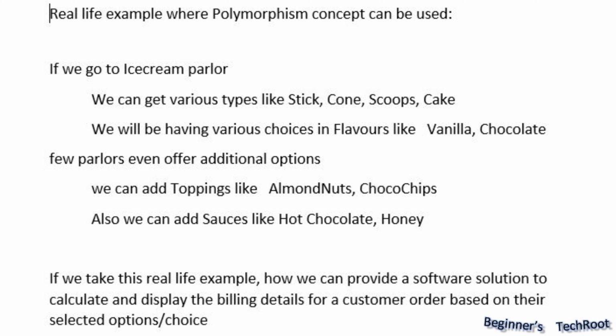Polymorphism is part of object-oriented programming, so we can make this solution very effective with minimum code, using reusability, polymorphism, and all the classes and objects. We can give the solution in a very simple way.